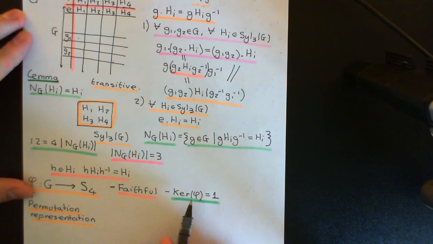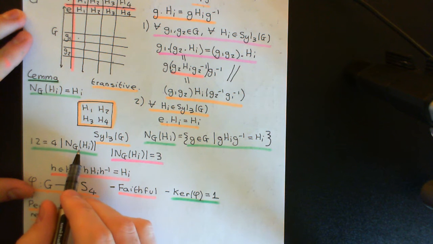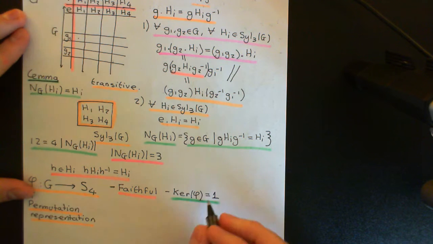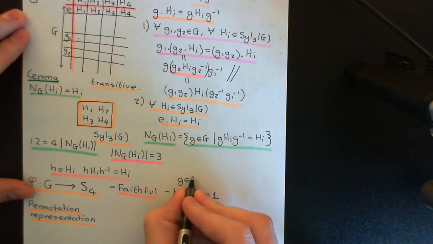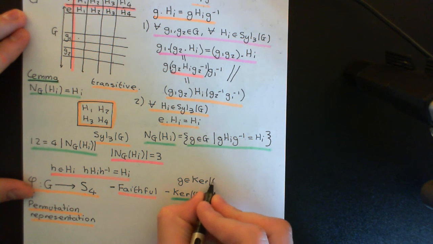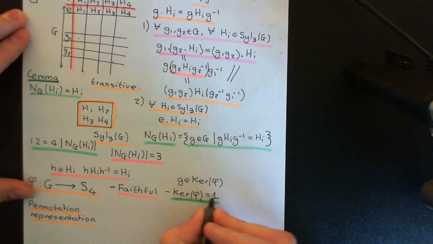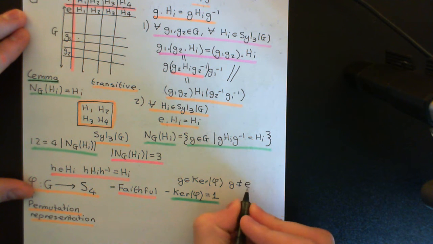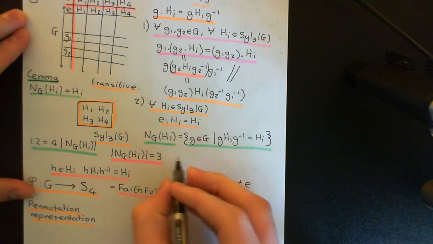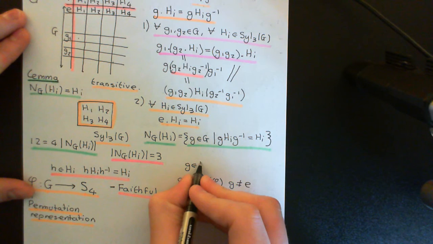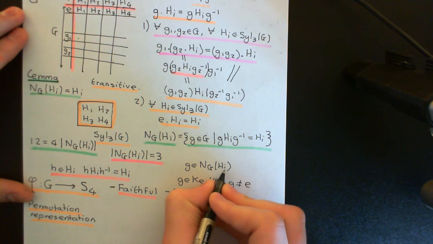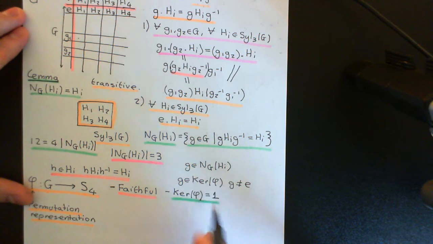That element would have to be in all of the normalizers of each of the Hi's in G, because it would have to fix every single one of them. So if there was some little g in the kernel of the group action that was not equal to the identity element, then little g would have to be an element of the normalizer of every single one, because it would have to fix every single one if it's going to correspond to the identity permutation.